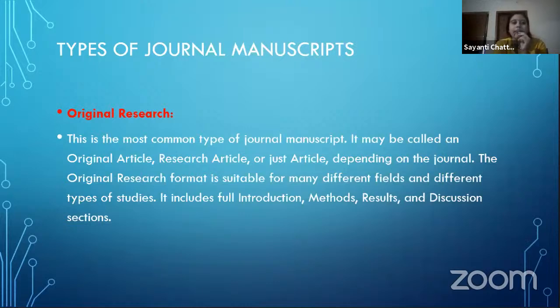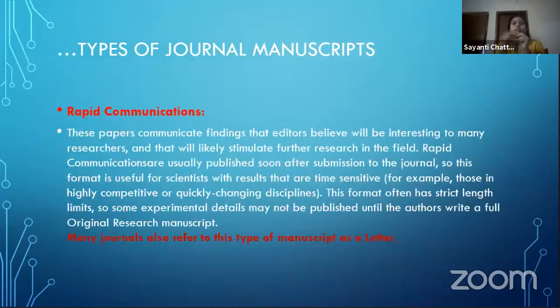Next one is the rapid communication. What is rapid communication? Some journal companies also call it a letter, electronic letter, like IET calls it electronic letter. Say we have some small findings, but the finding has very much value.